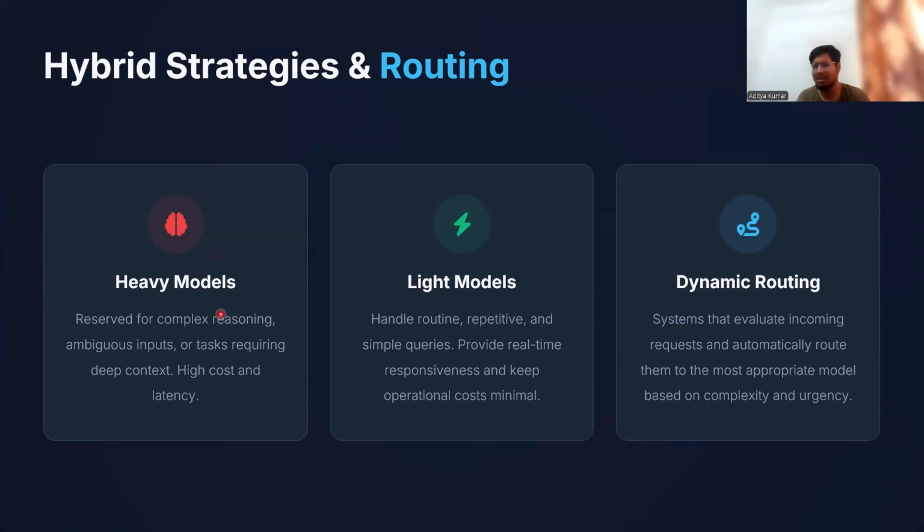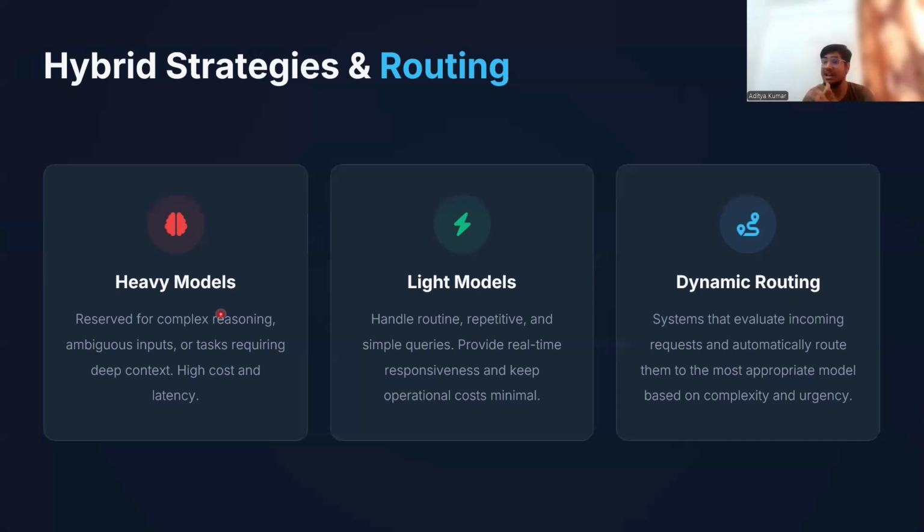You can take any example, a very simple task and a very complex task. Also, initially the task can be simple, but in the later part the task can be complex. For example, in customer support, some tasks can be very simple, some can be very complex, right? But you also have to optimize on the basis of cost. So what you can do?